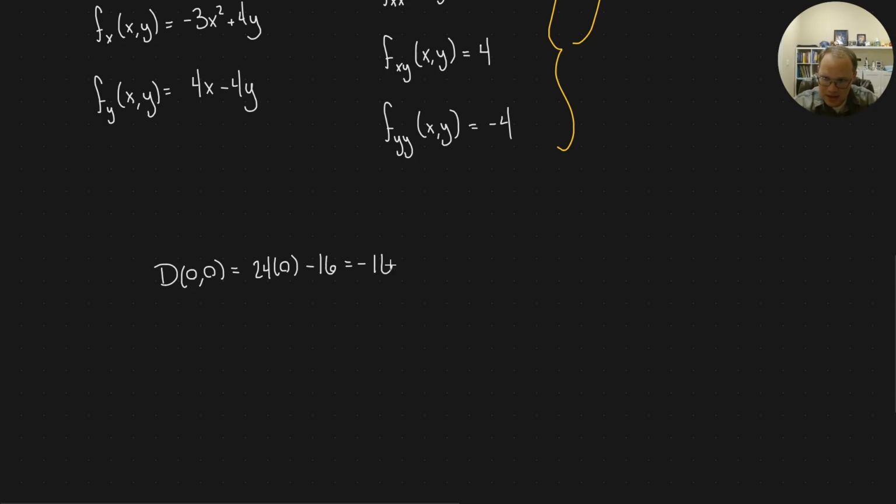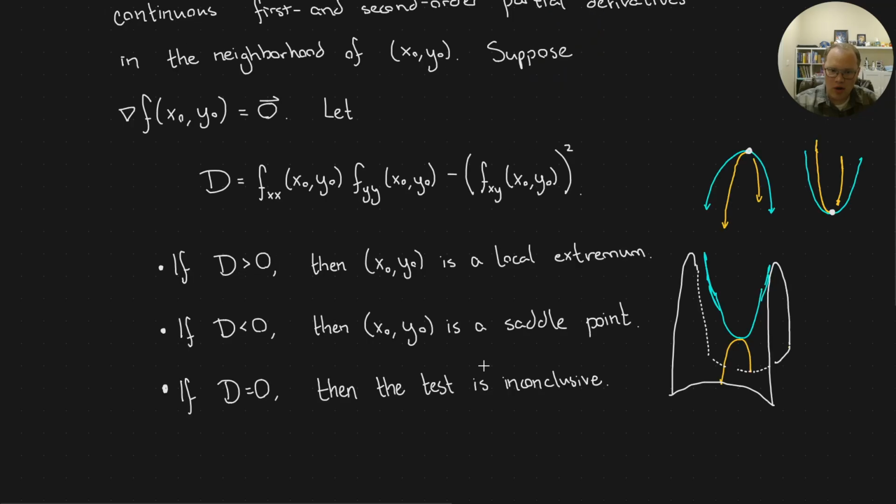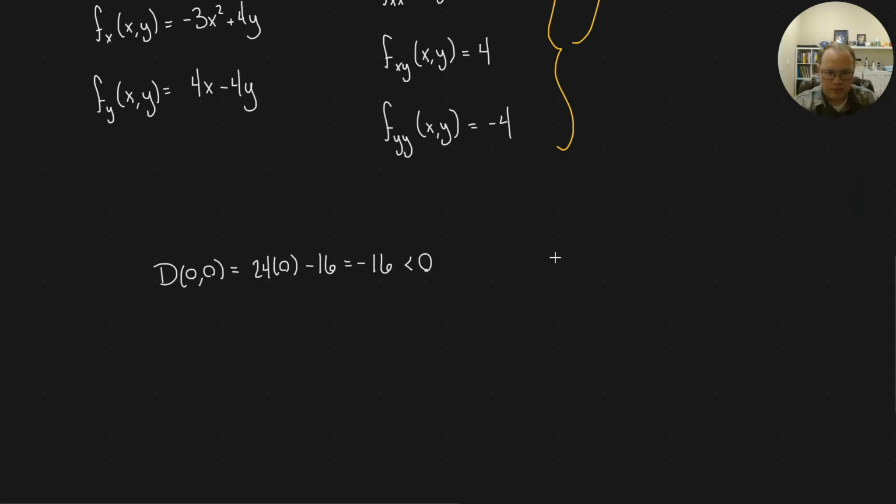I get negative 16. Okay, that is a negative number. When our discriminant is negative, that means we have a saddle point. So we can conclude that the origin 0, 0 is a saddle point, neither a maximum nor a minimum.